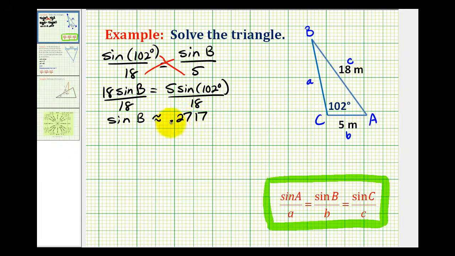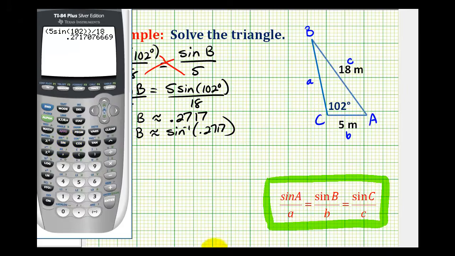Well, if sine B is approximately 0.2717, if we take inverse sine of both sides, we would have the measure of angle B is approximately equal to inverse sine of 0.2717. So now let's go back to the calculator, and we'll press second sine to access inverse sine 0.2717, and angle B is approximately 15.8 degrees.